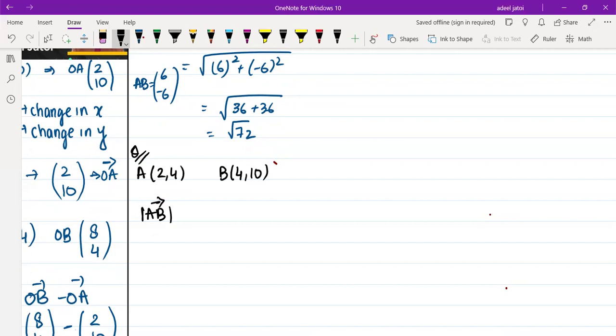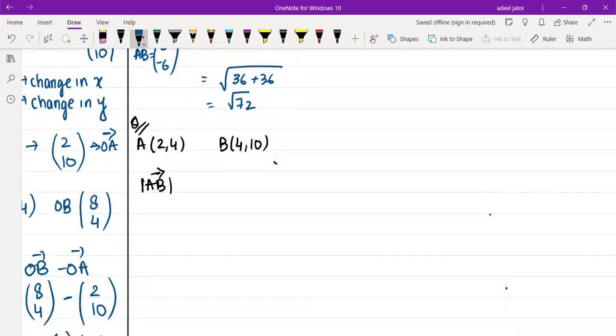Magnitude of AB. Now, with that, you need to find actually AB first, which you do not have. But you know that OA will be 2, 4, and OB will be what? 4 and 10.